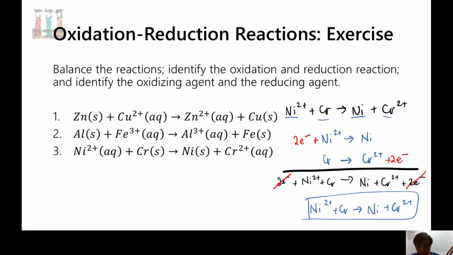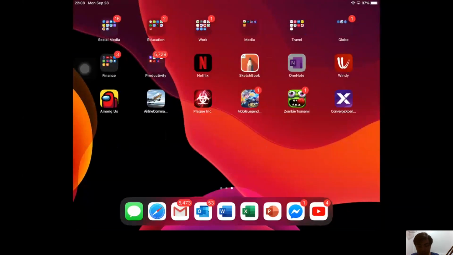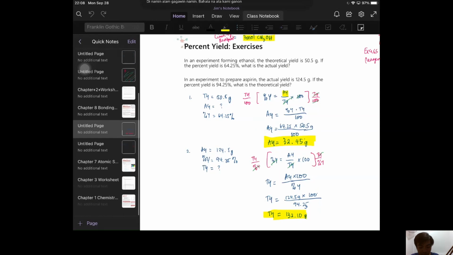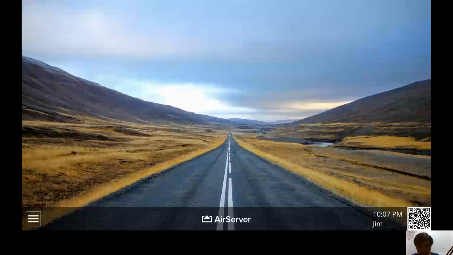So, allow me to open my, hanapin ko yung file. Hanapin ko muna. So, ang ibibigay ko sa inyo is yung additional info, no, on how to balance redox reactions. So, mas maganda yung alam nyo na yung advanced. Hanapin ko lang.